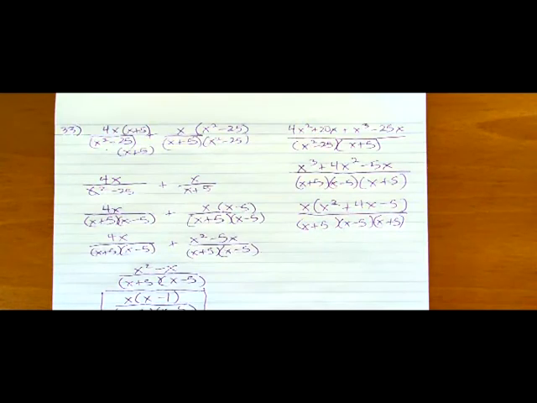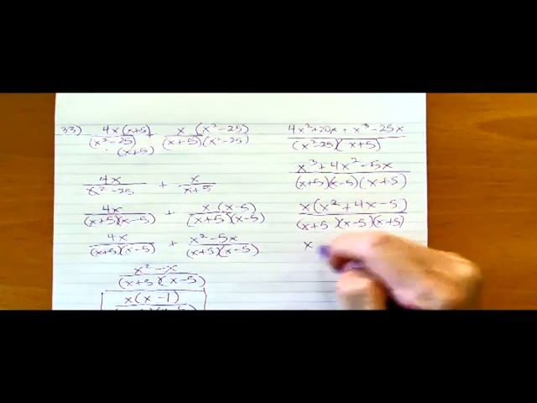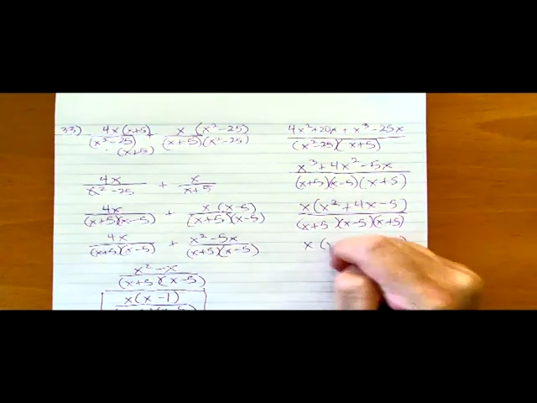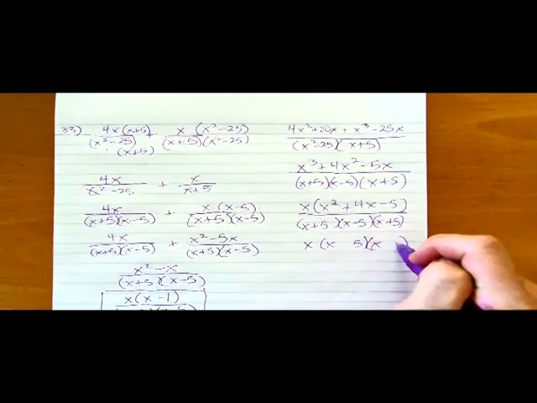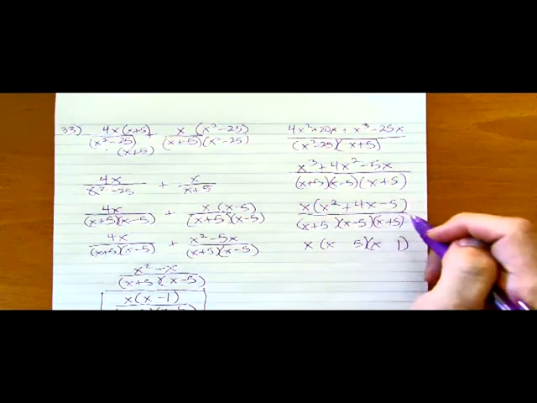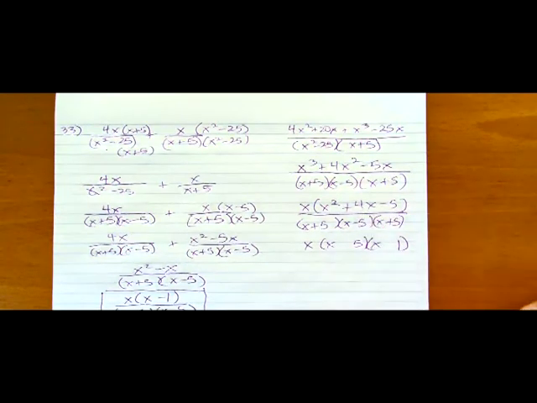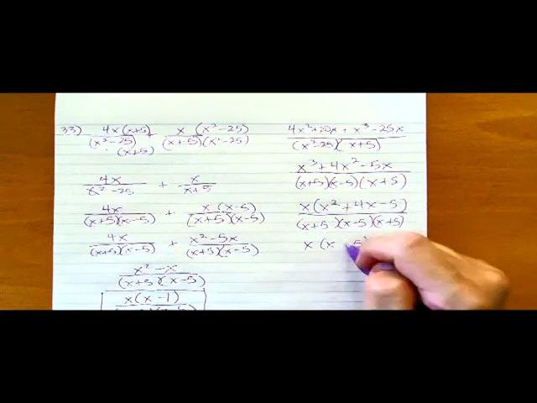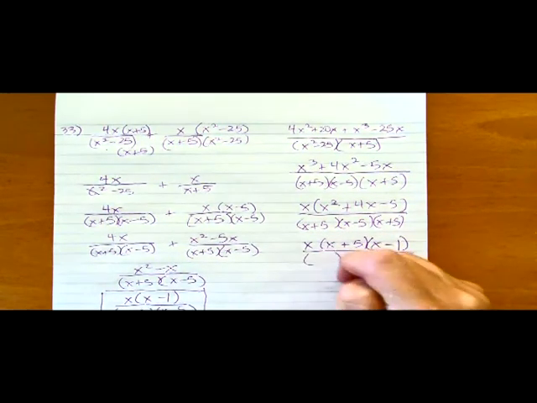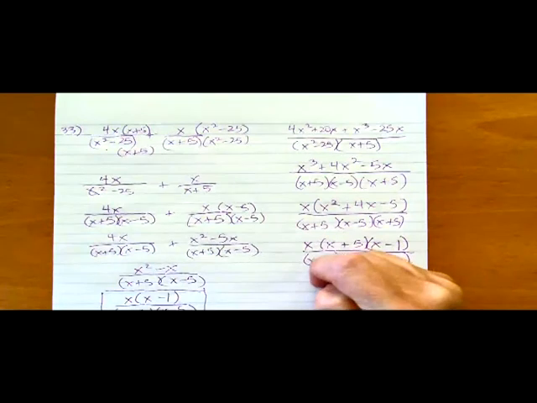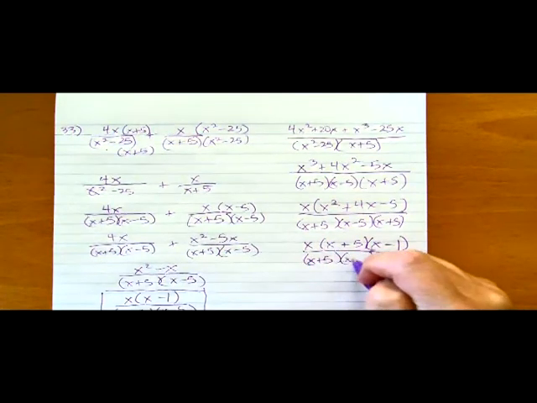We can go further again. 2 sets of parentheses. We need x squared. We need a negative 5 at the end. We need to choose signs so that it gives us a positive 4x in the middle. So, to get a negative 5, we go plus 5 and minus 1. That'll give us the positive 4x in the middle. And then on the bottom, we still have the 3 parentheses.